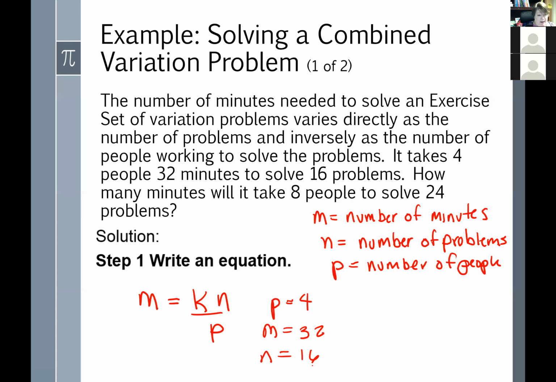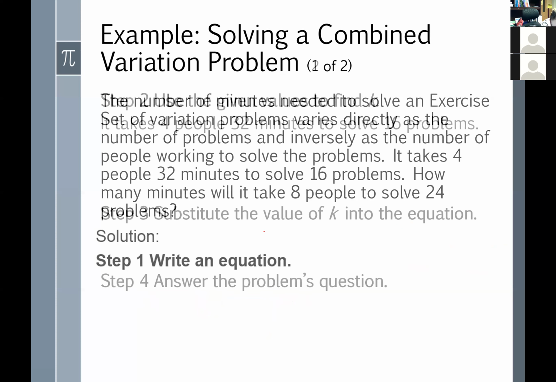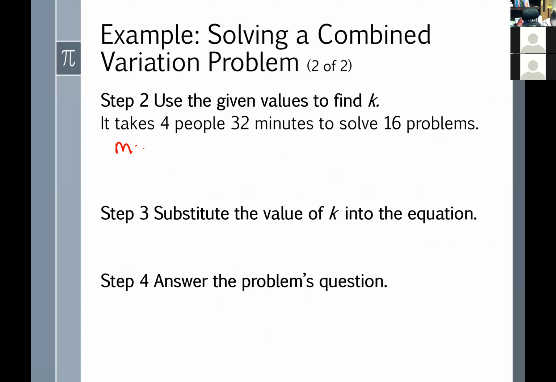So I'm going to go to the next slide and do this. Let me rewrite it. We have M equals Kn over P, the number of people is 4, the number of minutes is 32, and they're going to solve 16 problems.